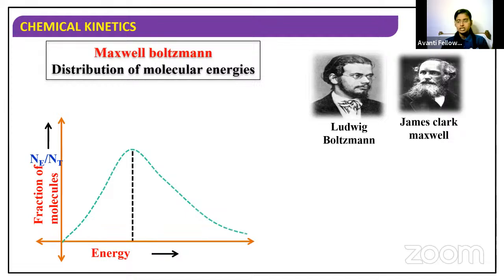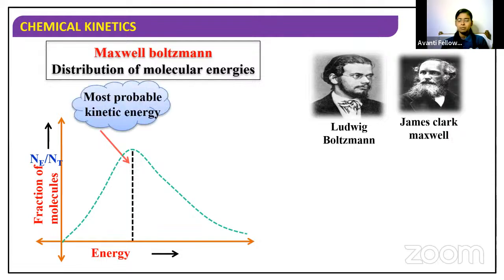This point is the most probable kinetic energy. The peak position of this curve denotes the most probable kinetic energy of the molecule. Let me take this point on the x-axis as EA, which is called the activation energy of that molecule.